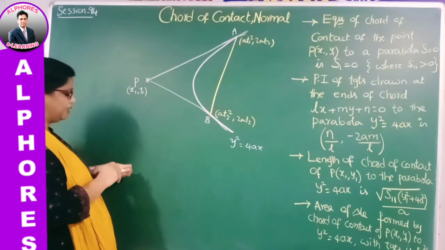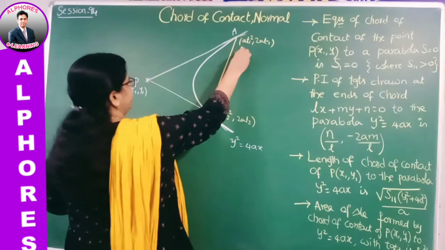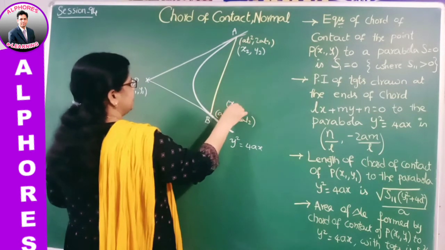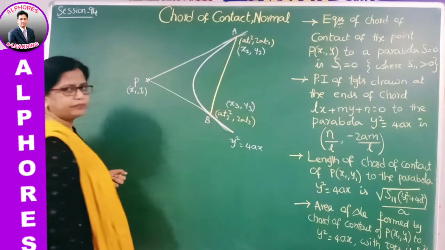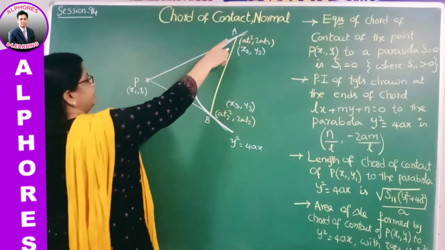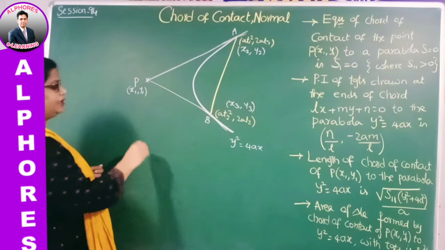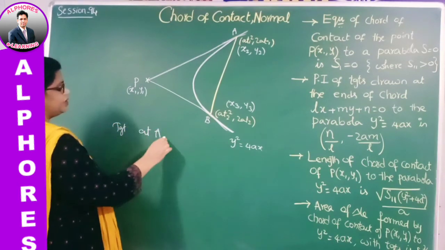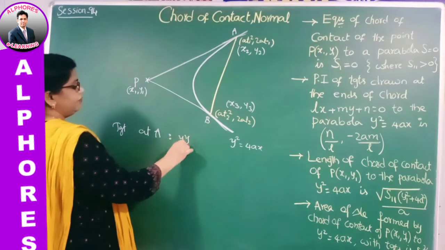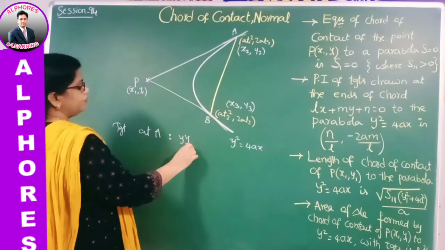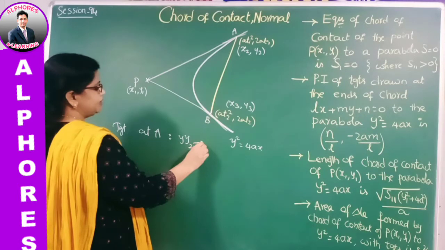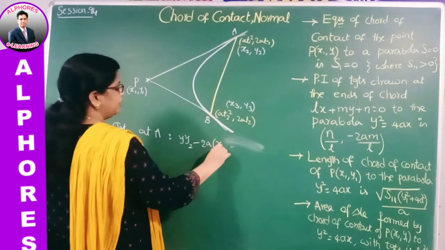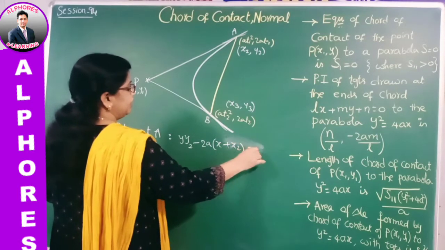Then the equation of the tangent drawn at A is y y2 minus 2a into x plus x2 equal to 0.